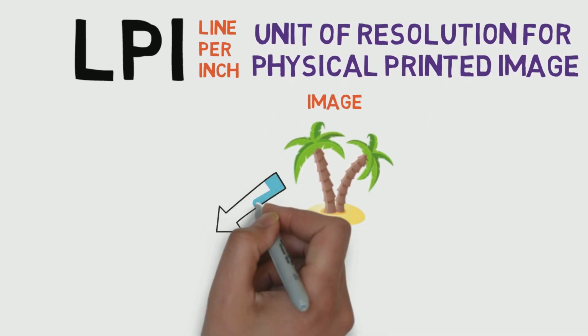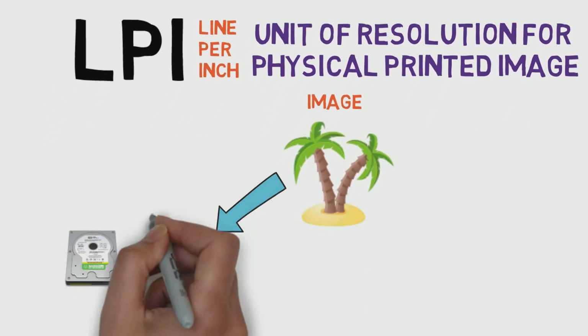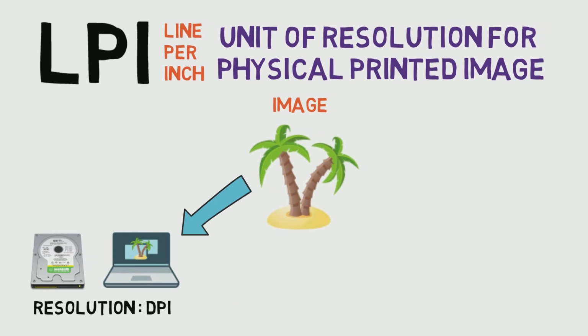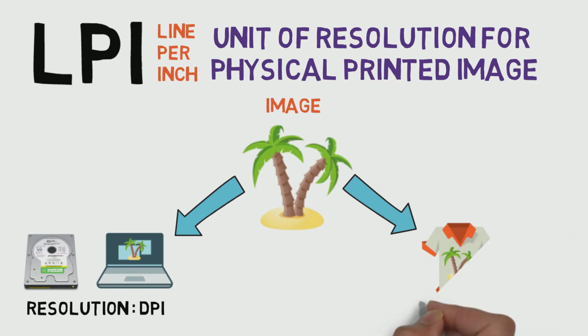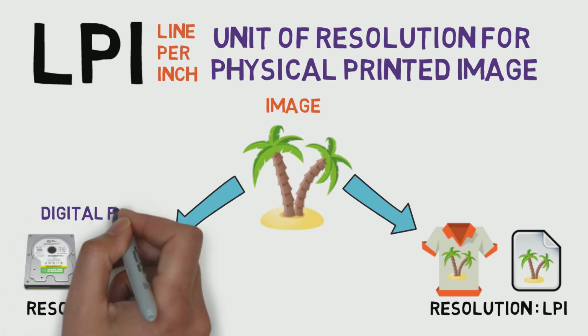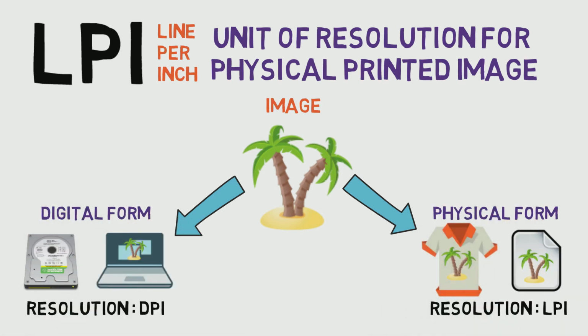If you have it on your hard drive or you're looking at it through your monitor, then the resolution is DPI. But if you print that image on a shirt or paper, then the resolution is LPI. So in the digital form, the resolution is DPI, and in the physical form, the resolution is LPI.